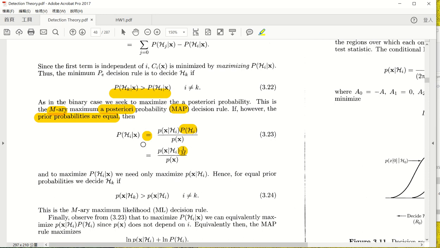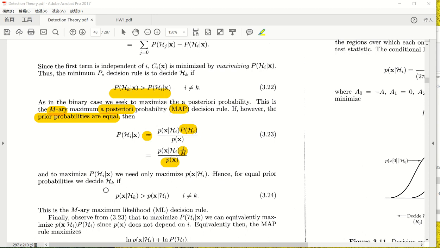For different i, which term is different? P of x is the same. In fact, P of x is, after observation, it has been set like a constant. So it doesn't matter. P of x doesn't matter. 1 over M is the same. Then the remaining term is P of x conditional on Hi.